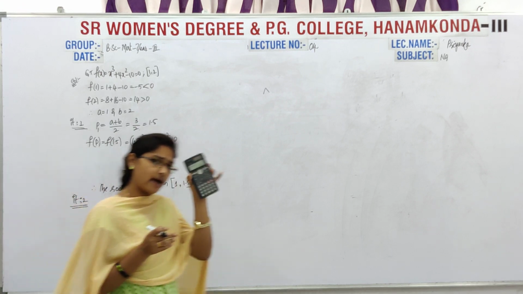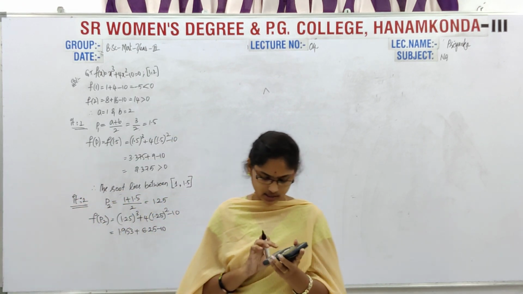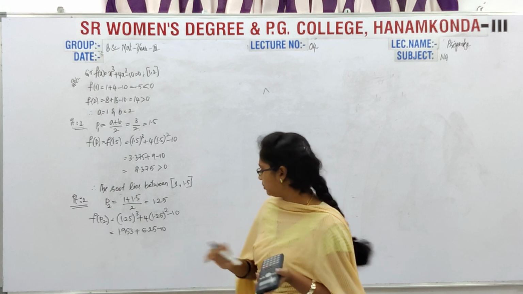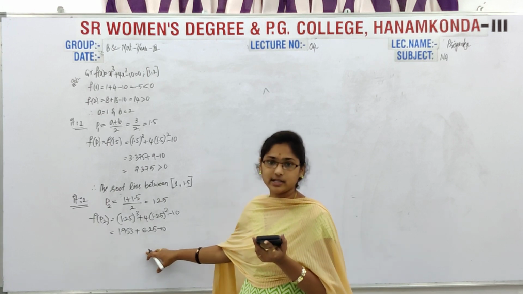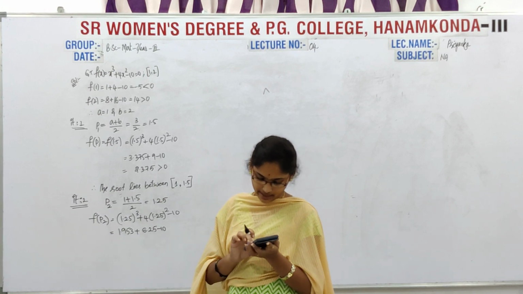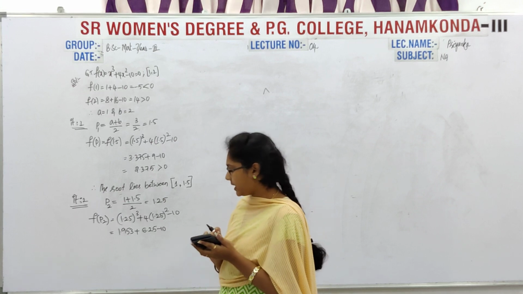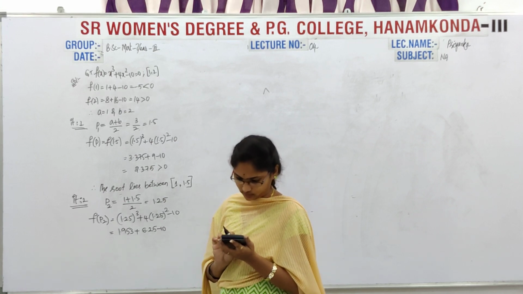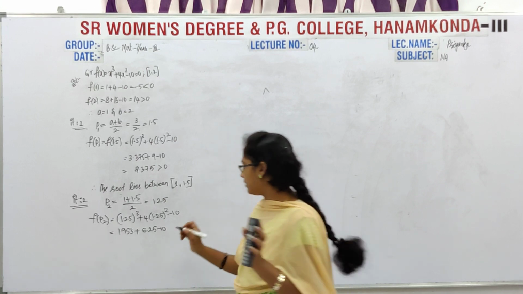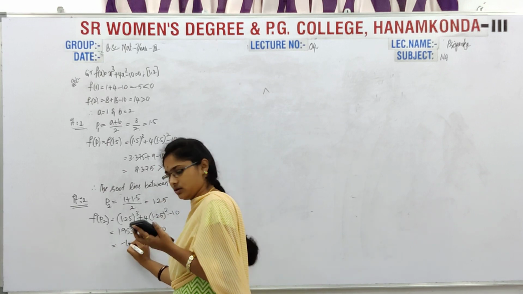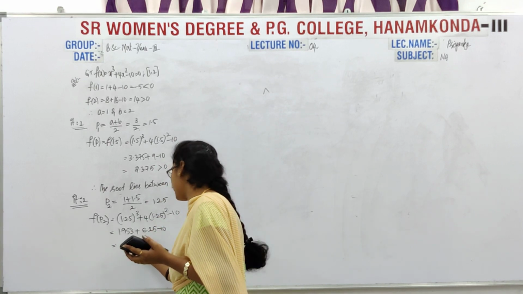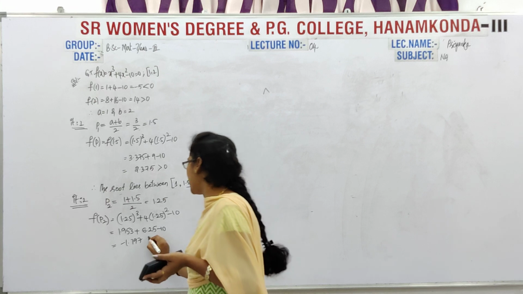Already we have 6.25, so minus 10 is minus 3.75, and here we have plus 1.953. That is minus 1.797, which is less than 0.